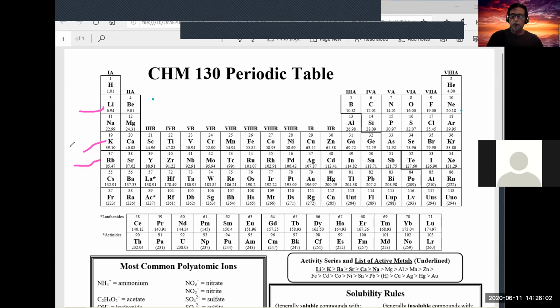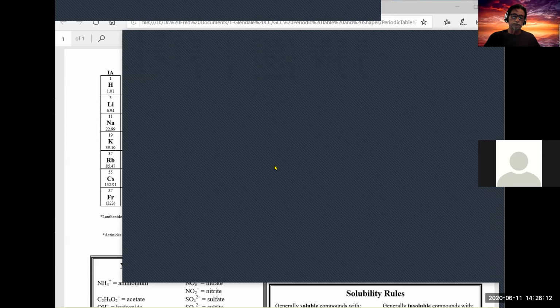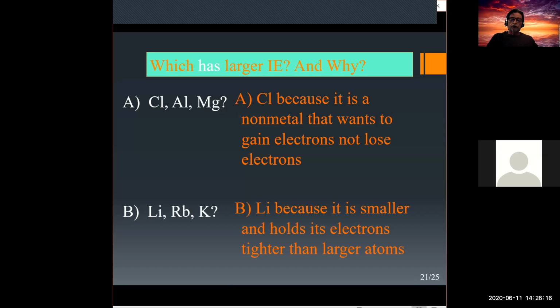So it's going to give that up much more readily than lithium will. So Li, being the smaller element, is going to want to hold on to its electron much tighter than Rb.